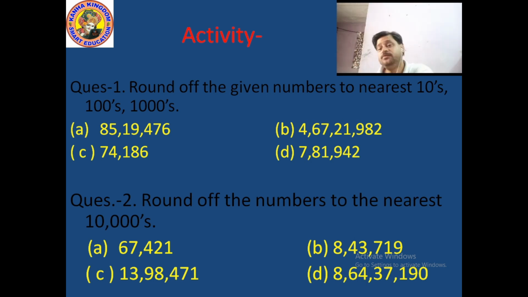Second rule, if the tens place is 5 or more than 5, then also you convert the tens place and ones place into 0, but you have to add one more number in the 100 place, and the 1000 place and 10,000 place remain the same.